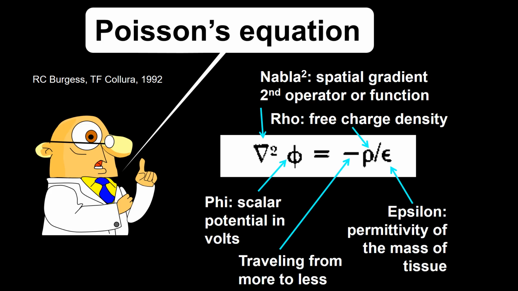This equation states that if we know all the qualities of a voltage source or generator in the brain, that is its location, gradient, and magnitude, and in addition we also know the geometry and properties of the volume conductor, that is the shape of the head, and the conductive properties of the tissue between the generator and the scalp electrode surface, we would be able to predict the corresponding electrical event.